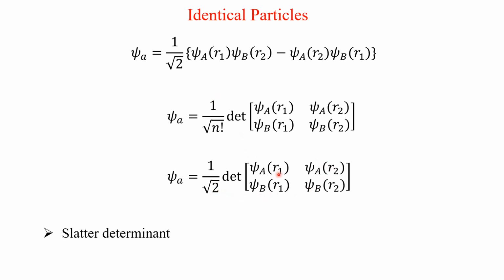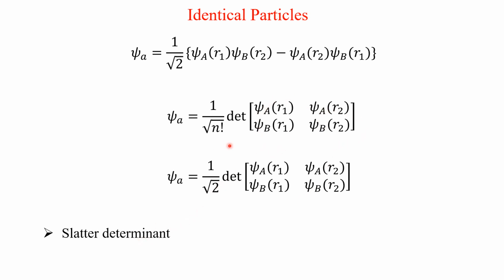Now the determinant of this is psi sub A R1 multiplied by psi P R2 minus psi sub A R2 psi P R1. So we can write this in the matrix form like this.